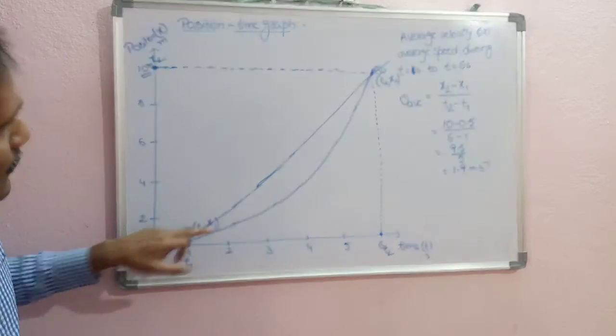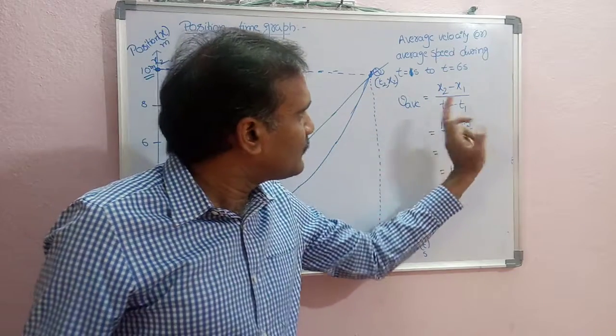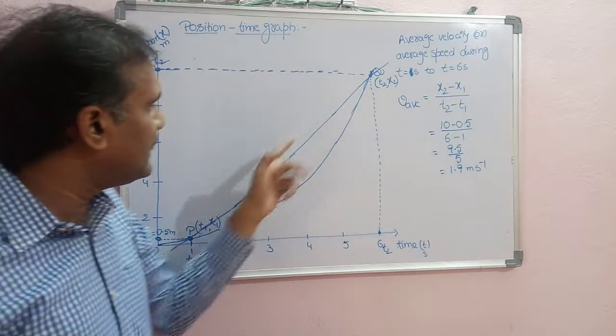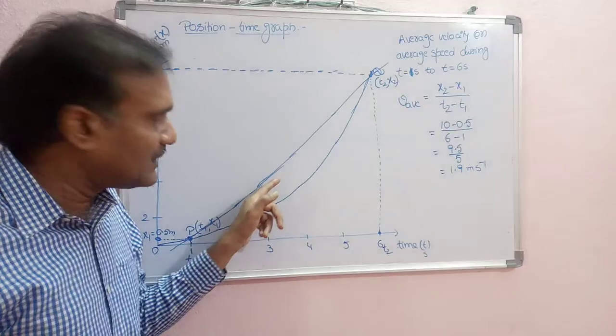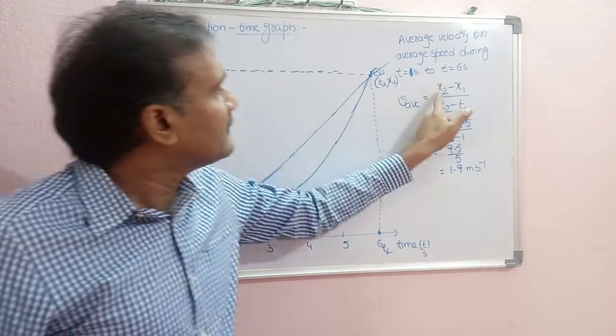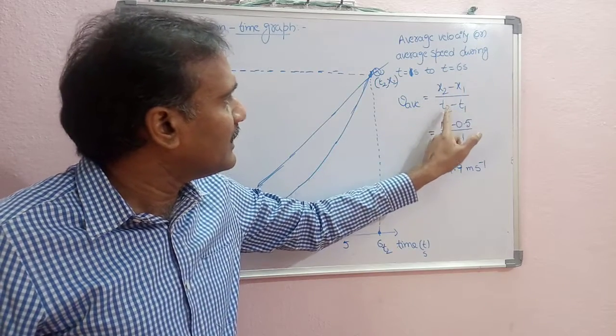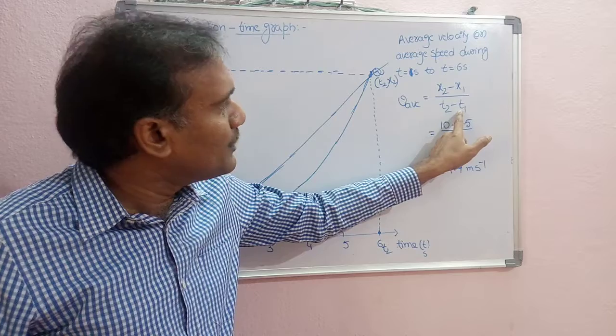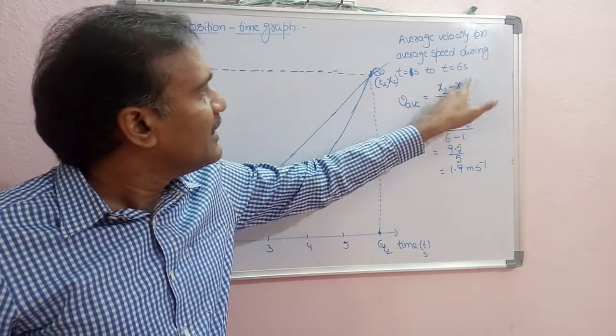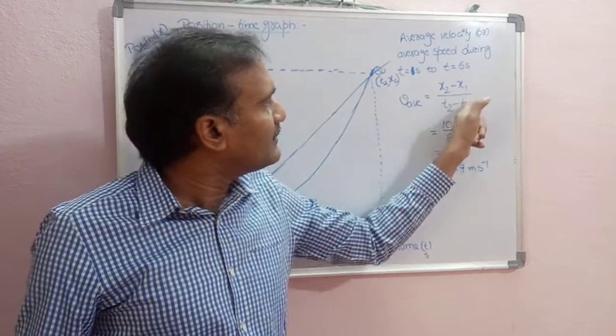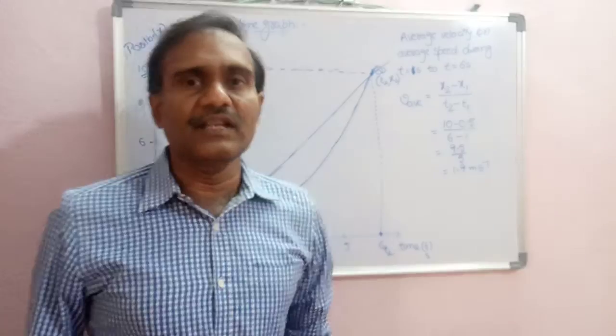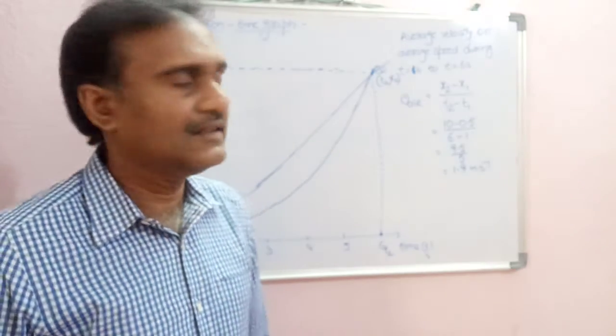Now, what does x2 minus x1 divided by t2 minus t1 indicate? With respect to this straight line, this ratio x2 minus x1 divided by t2 minus t1 indicates change in y coordinates divided by change in x coordinates.